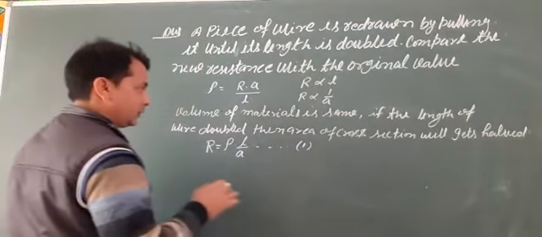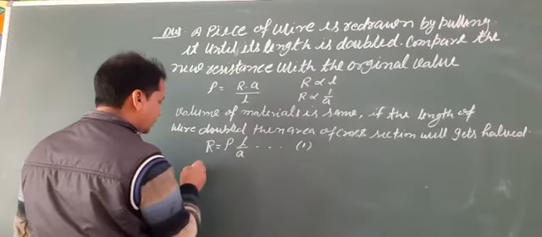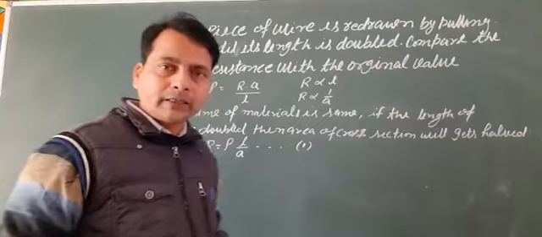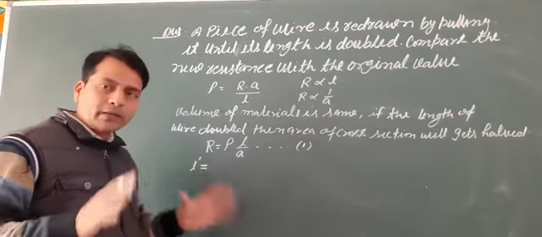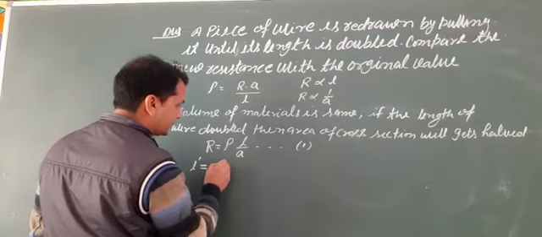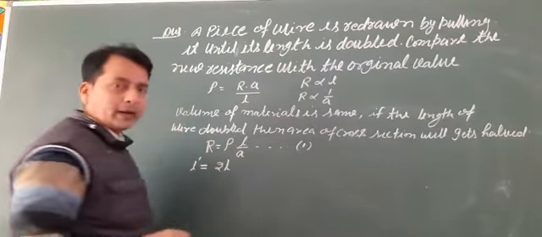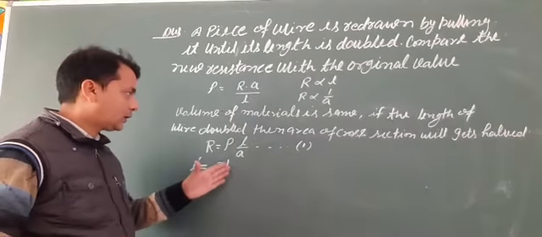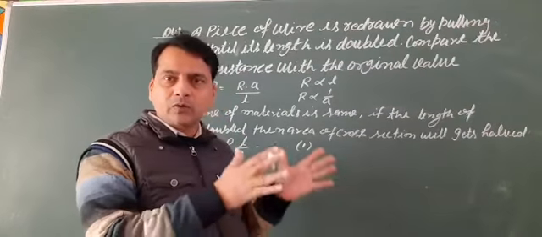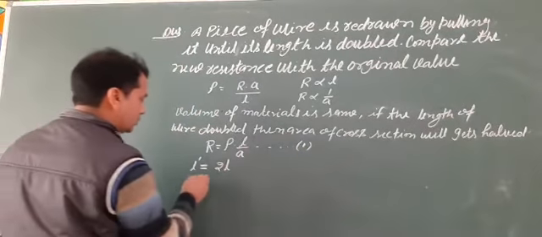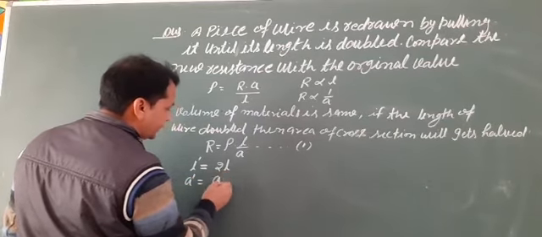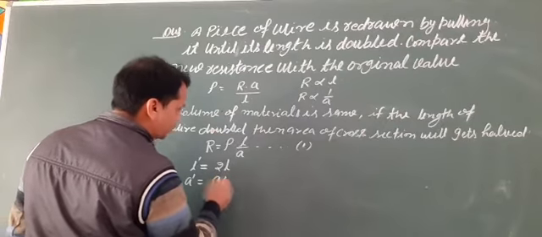Suppose the new length is L dash. Then the new length will be twice the original length, 2L. And since the length is double, the area of cross section will get half of the original, so the new area of cross section is the original area A by 2.